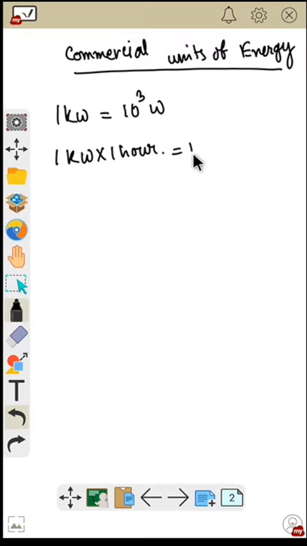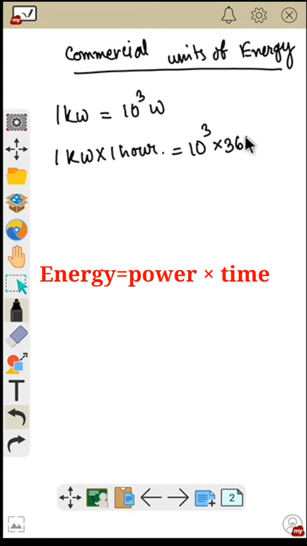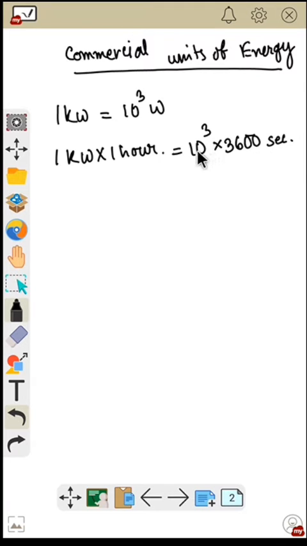So 1 kilowatt means 10 cube watt and 1 hour means 3600 seconds. So watt into second is equals to joule, so we can write 3.6 into 10 to the power 6 joule, because watt is equals to joule per second, so joule becomes watt into second.